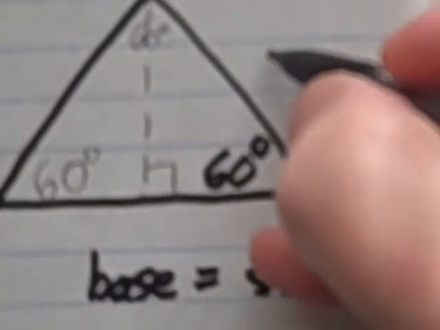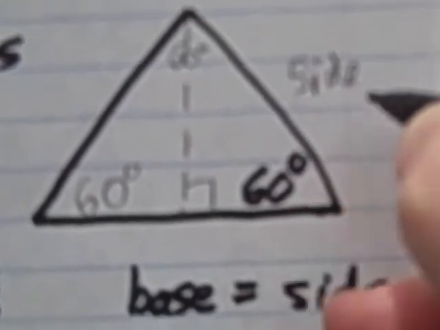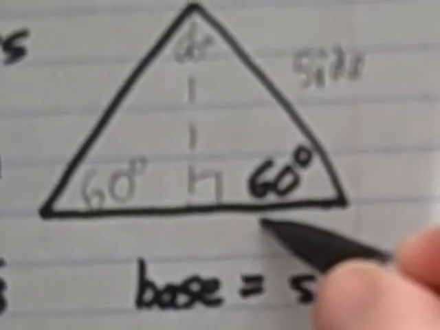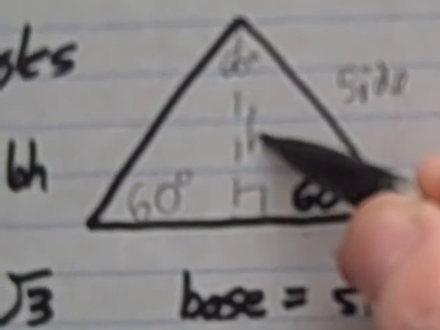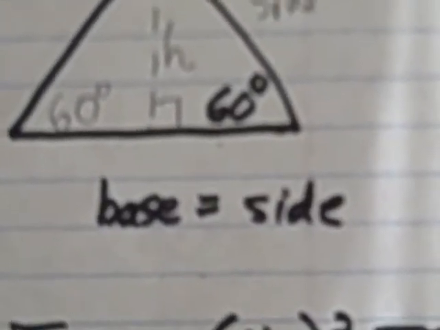So whatever this side is here, we're always going to be dividing it by 2 to get the short leg, and then taking half that side and multiplying it by radical 3 to get the height. So the height will always be the side divided by 2 times radical 3, and the base, where this box sits, is always going to be equal to the side length because all three sides are the same.